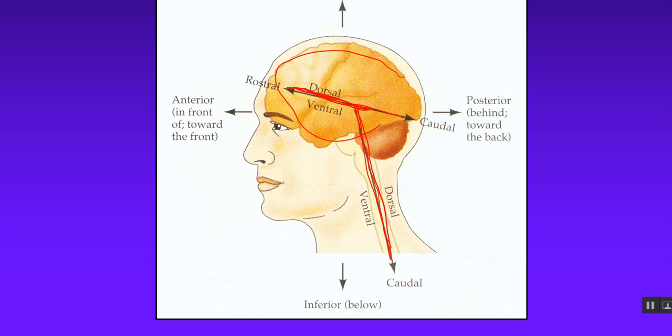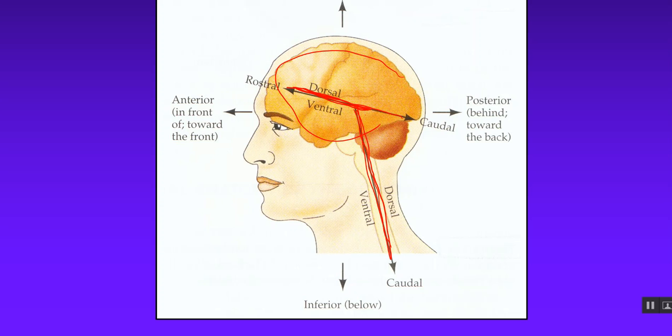Your brain flexes over the top of your brainstem and orients this way, so the axis runs this way. All you have to know is, if you're asked where a certain structure is in relationship to another, ask yourself: am I in the cerebrum, or in the brainstem or spinal cord? Because that will change the terminology used.